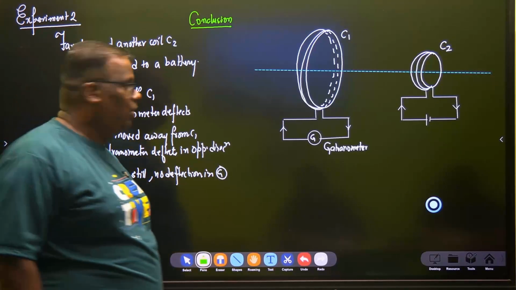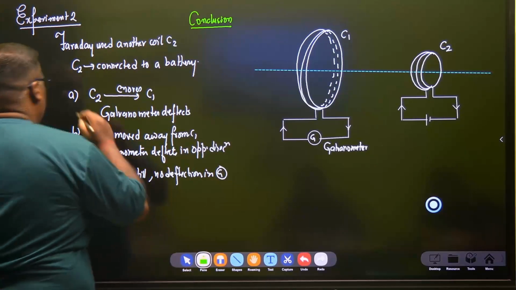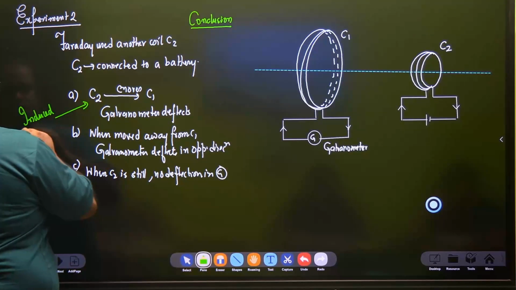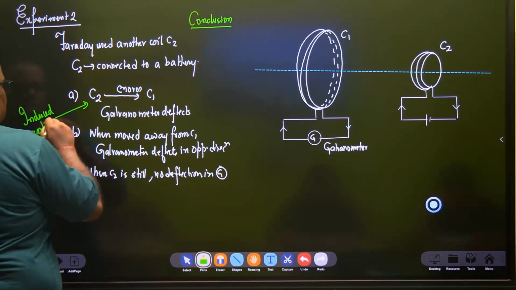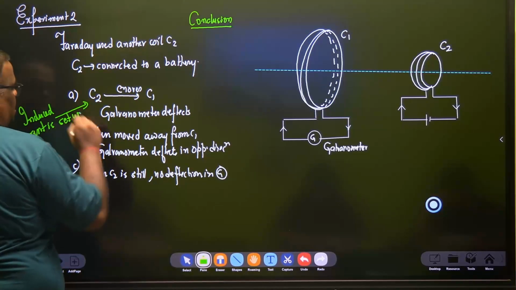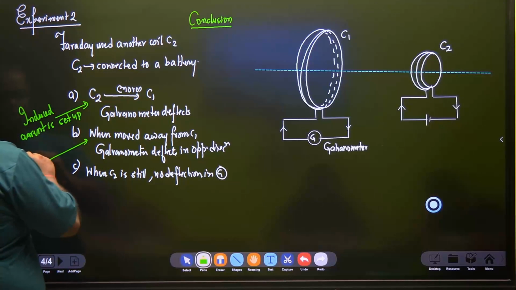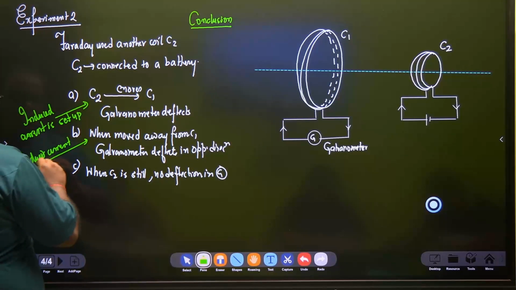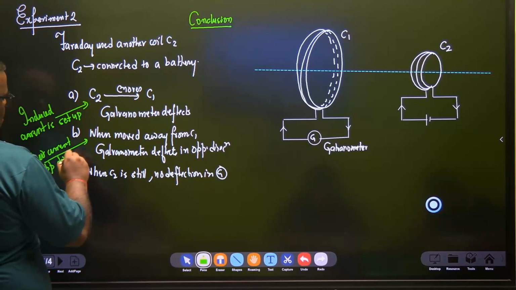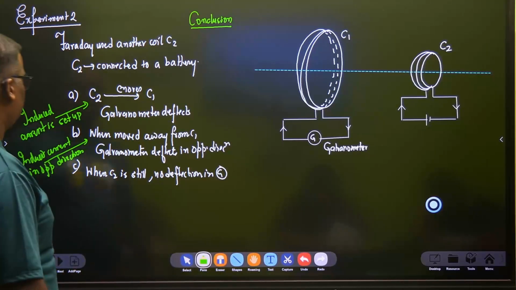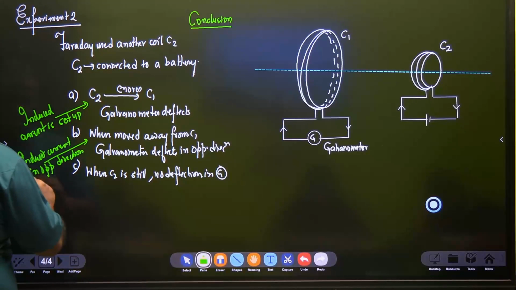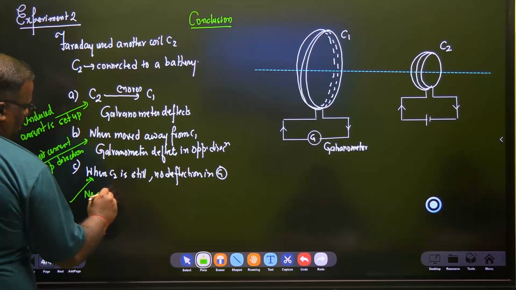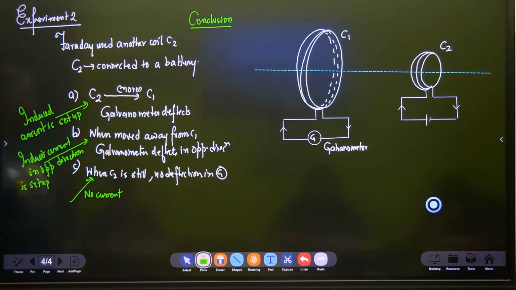C2 moved away from C1, then also induced current is set up, here also induced current in opposite direction is set up. And in the third, we can write no current. So conclusion, you can write.